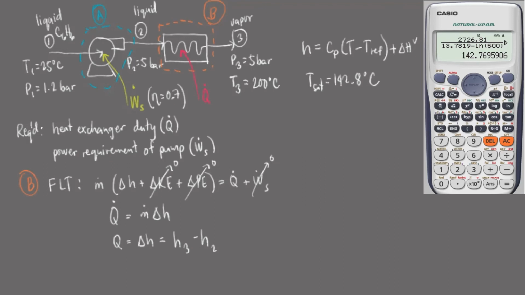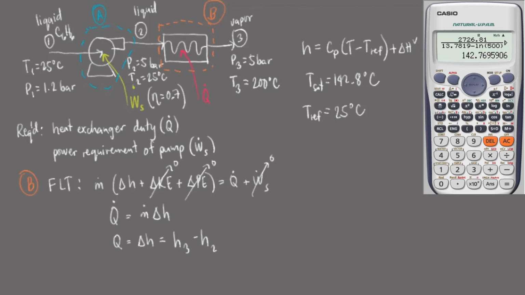benzene. To help us define the enthalpies of the two streams, we need to set our reference temperature. This is the temperature at which all of the enthalpy measurements are based upon. And for our case, it will be easy for us to set the reference temperature to 25 degrees Celsius. That's because previously, we have assumed the operation of the pump to be isothermal such that the temperature at stream 2 is also equal to 25 degrees Celsius.